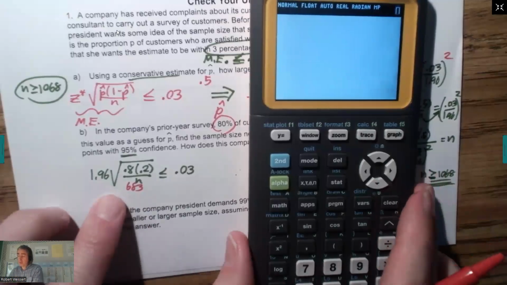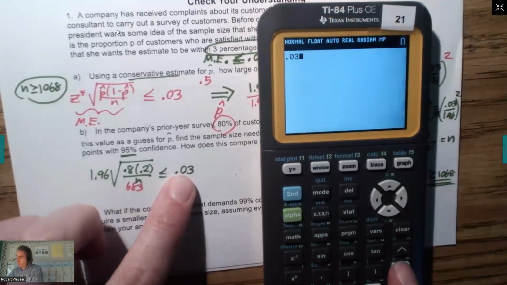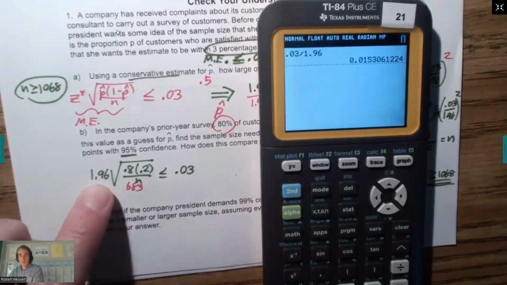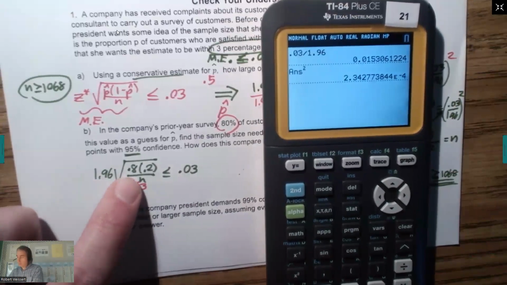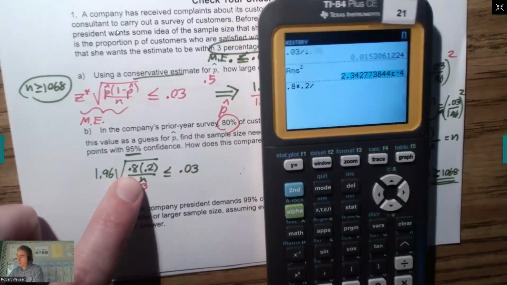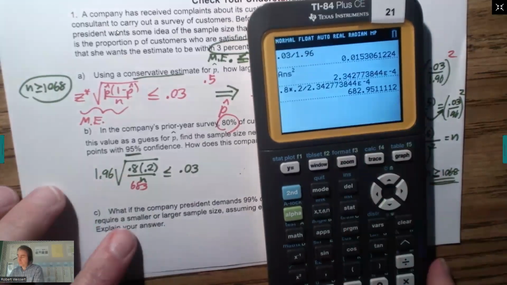So again, let me refresh you on the calculator approach. 0.03 divided by 1.96, hit enter. Hit the square button, press enter. And take your proportions. In this case, we're going to use the known proportion. So 0.8 times 0.2 divided by this number here. And then bump up, 683.